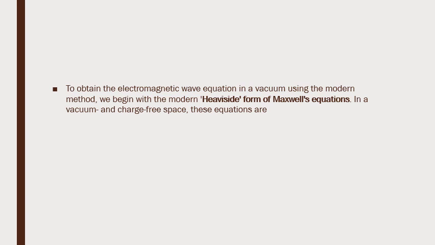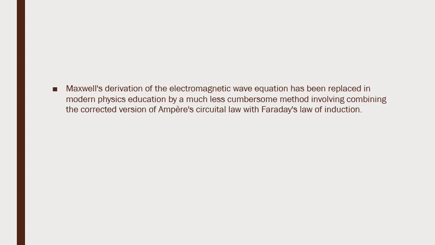We have shown those equations in the next slides. Maxwell's derivation of the electromagnetic wave equation has been replaced in modern physics education by a less cumbersome method, involving combining the correct version of Ampere's second law with Faraday's law of induction.